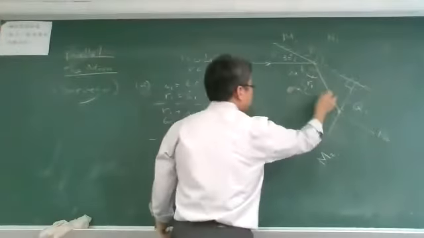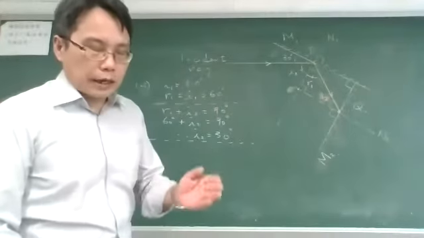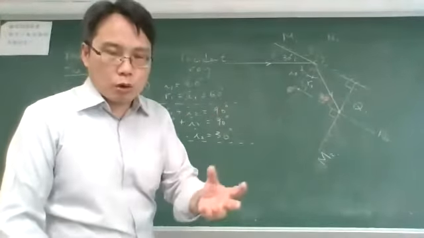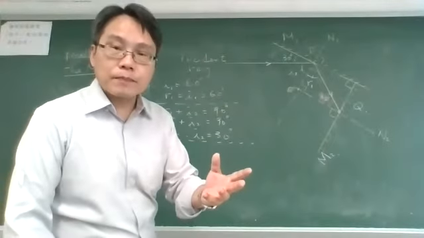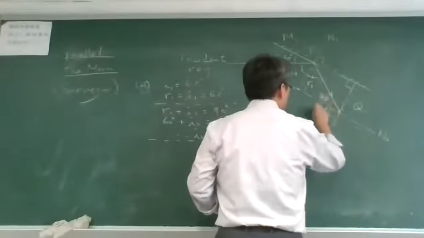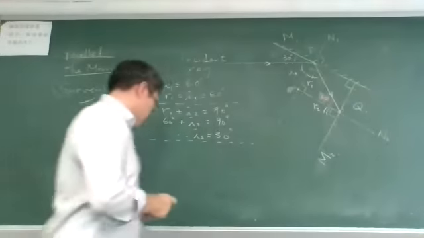Now we have an incident angle at mirror 2, which is 30 degrees. And we are going to draw the refracted ray. Okay, refracted ray. I'll call it R2. All right?